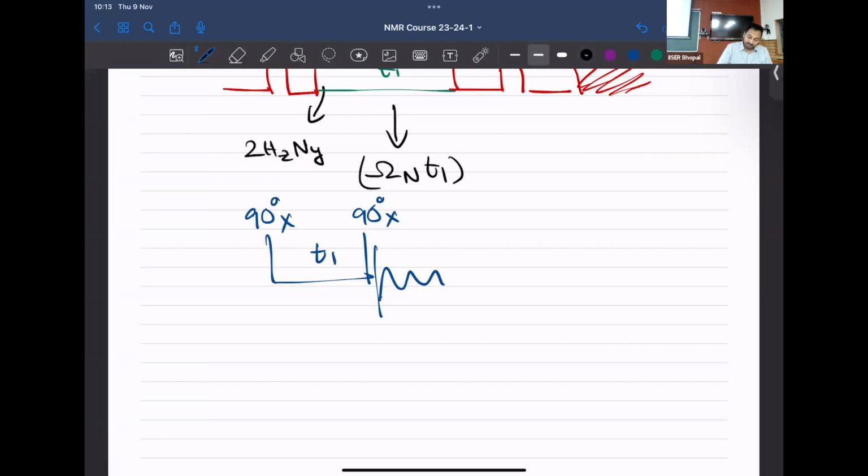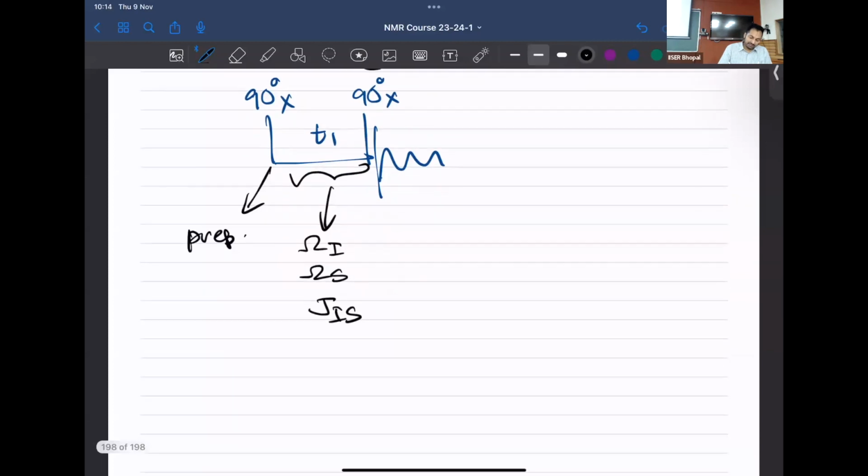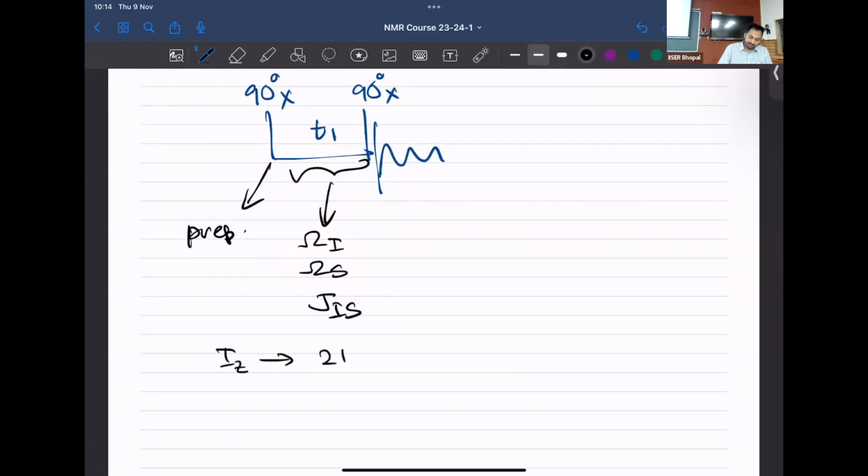Here, what happens is that you prepare the system with a 90-degree pulse. You do T1 labeling. What does T1 labeling help in? T1 labeling helps in creating chemical shift for I and chemical shift for S, and at the same time ends up mixing I and S due to scalar coupling. Of course, if you started from IZ, you would have generated something like 2IXSZ from it. Go back to the density matrix, you will recollect this.